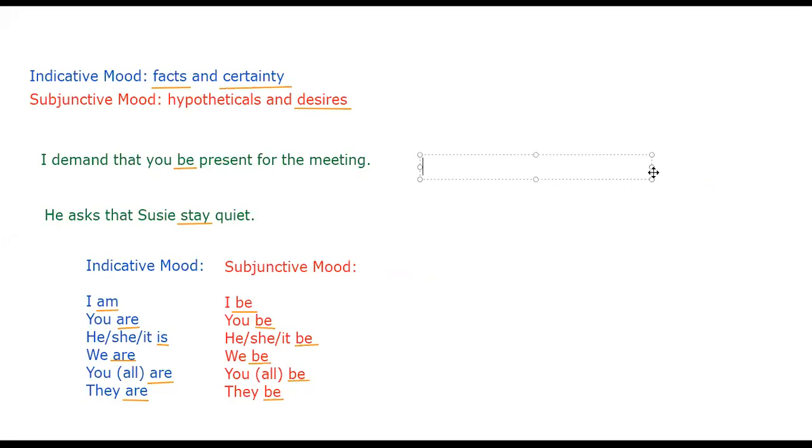So now we're going to conjugate another verb. Let me use this color. Just to show you guys, because this is a very important point. Let's say run.